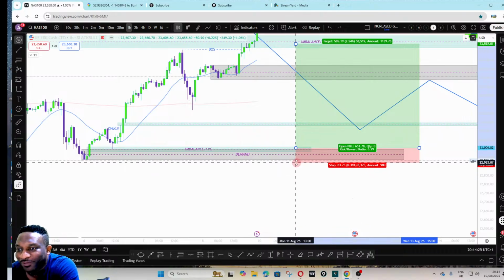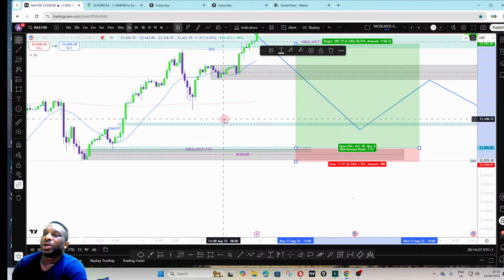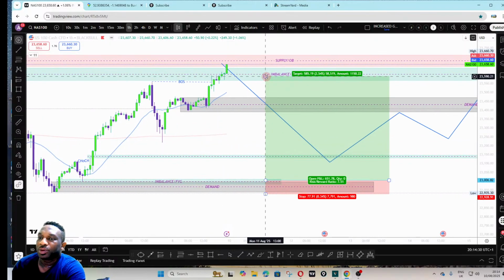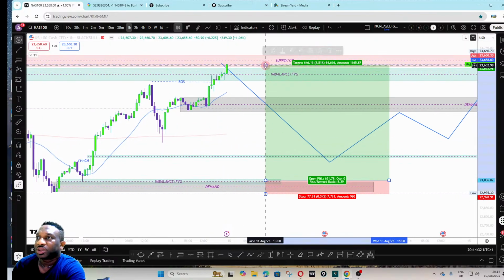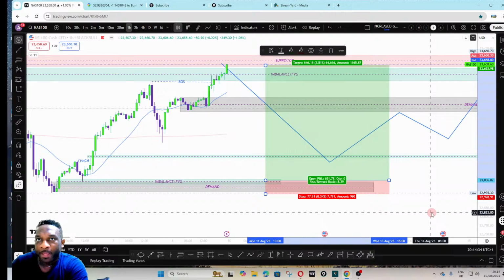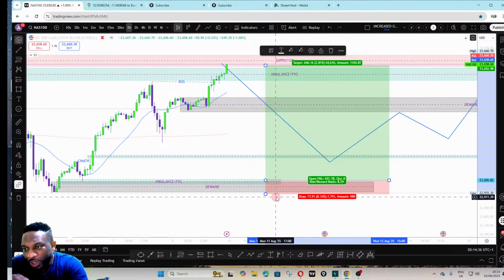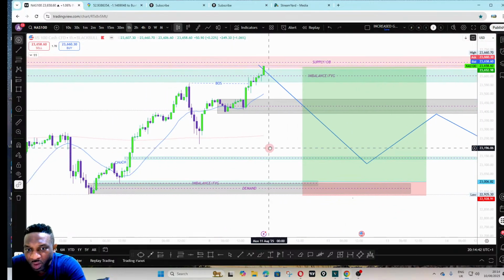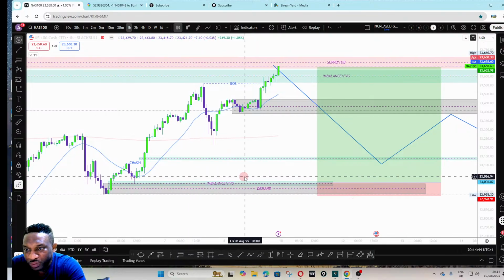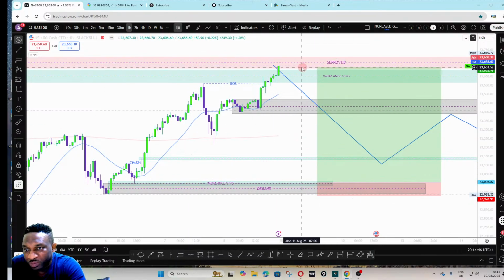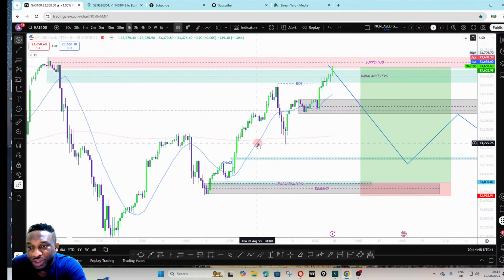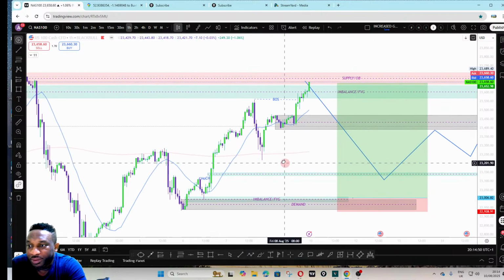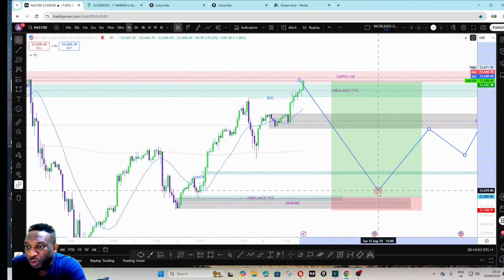This is what refining your charts or your markings can help you do, to give you a better risk reward ratio. As we come back to the discount zone, our target will be here, since we are in a bullish market.